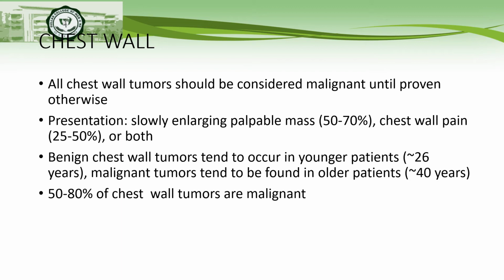And as mentioned, 50 to 80% of chest wall tumors are malignant, so we have to consider malignancy first in all chest wall tumors until there is a proven biopsy for it.